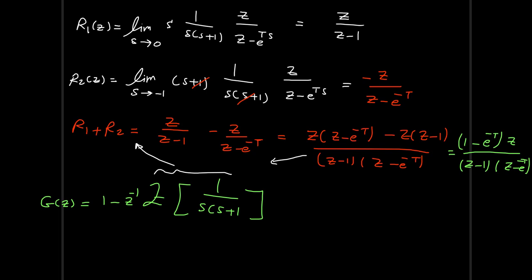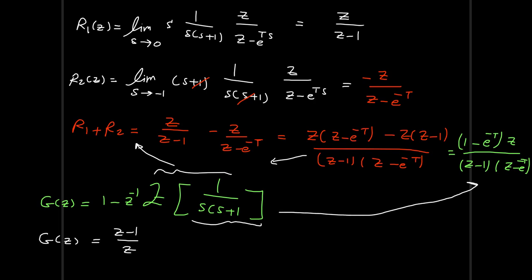So simply this means that G of Z will equal, we can write 1 minus Z^-1 as (Z minus 1) over Z. And this one here, we already found it. So it will be multiplied by (1 minus e^-T) Z over (Z minus 1)(Z minus e^-T).